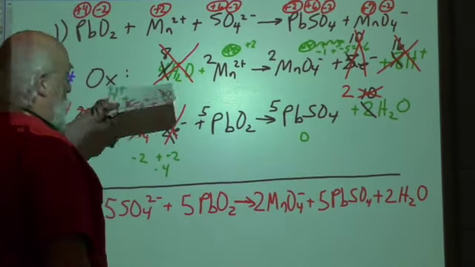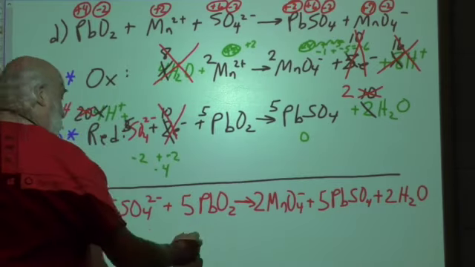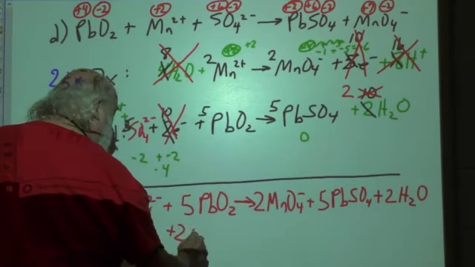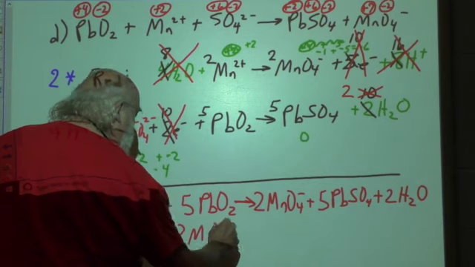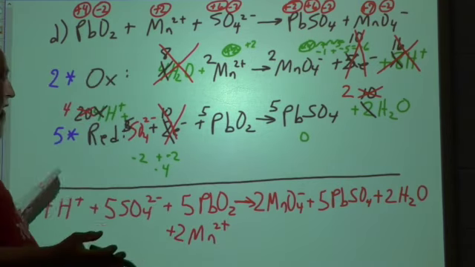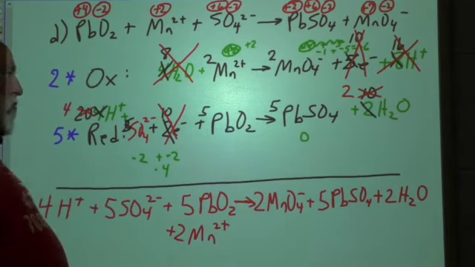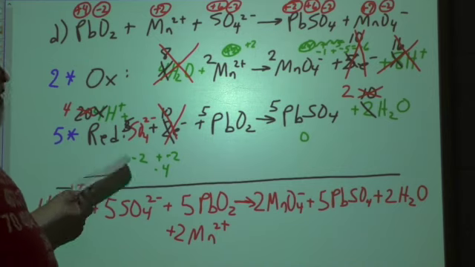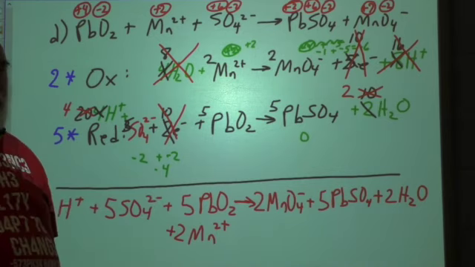Okay, and looking at this, I forgot the 2 Mn2 positives, so there'd be plus 2 Mn2 positive right here. And now that gives me a balanced equation, which is what I was struggling with before. So now we have truly balanced equations.